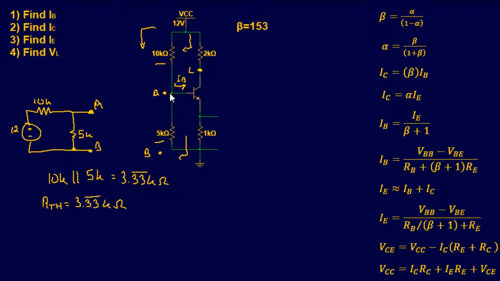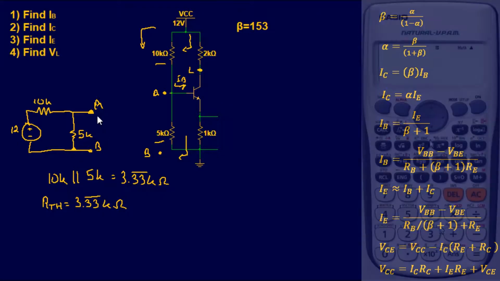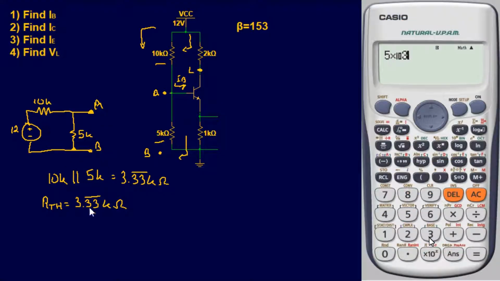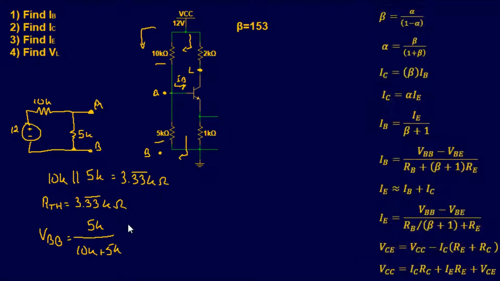Next, we need to find the voltage at this point. We can keep the same model right here, but now we need to use the voltage divider rule to find the voltage between points A and B. Very simple. We'll say VBB equals 5K over 10K plus 5K, multiplied by VCC, which is 12 volts.